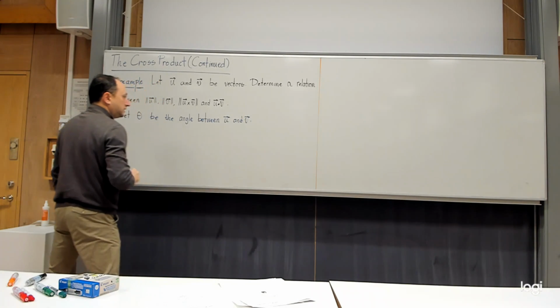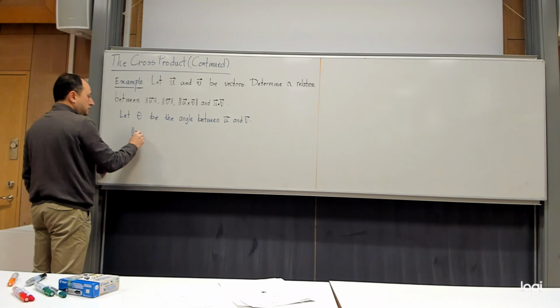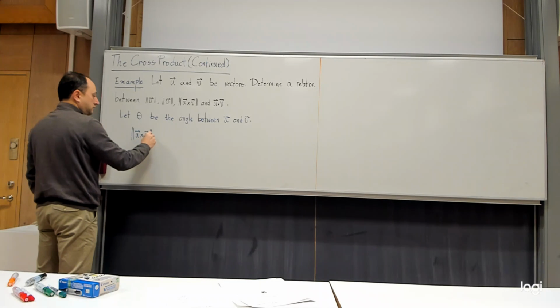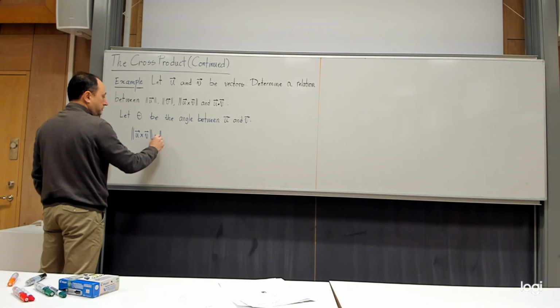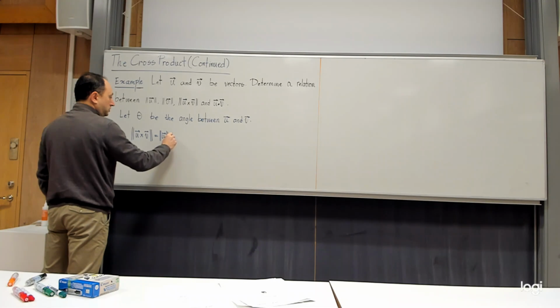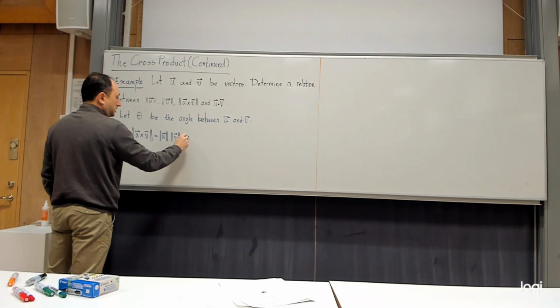Now, if I ask you what is the norm of u cross v, from the definition it is the norm of the first vector multiplied by the norm of the second vector multiplied by sine of theta.